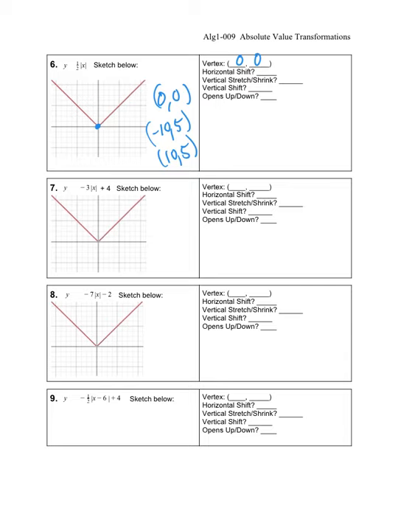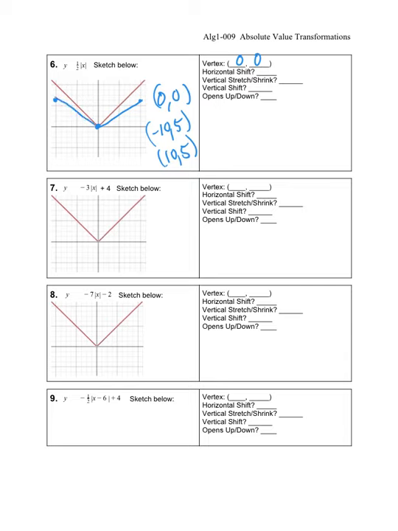I might estimate. And then over here, making it look symmetrical. 1, 2, 3, 4, 5, 6. All right, so something like this, okay?